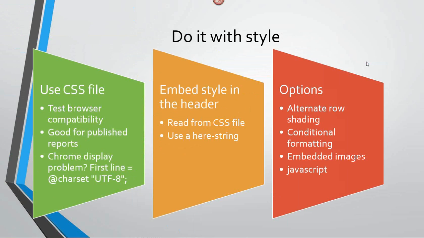Other options, and I'm going to show you some of these. Obviously, the more HTML tricks you know, the more that you can incorporate into your style sheet. Things like alternate row shading, conditional formatting, so that if a value is of a certain range, I want to make that text red, for example. We can throw in images, embed them right into the report. There's a whole wealth of things that you can do with JavaScript.